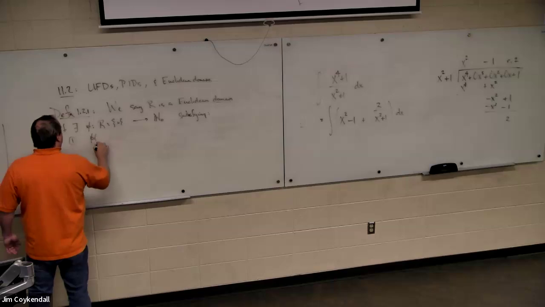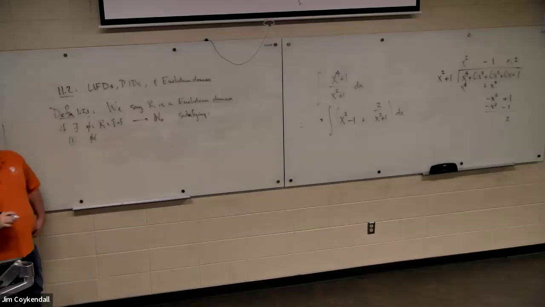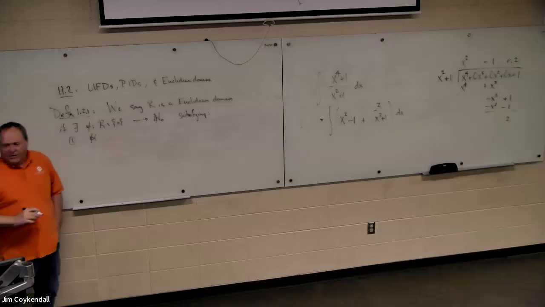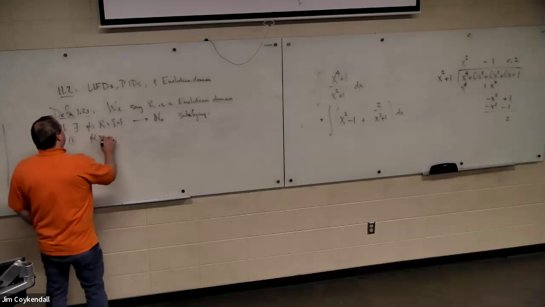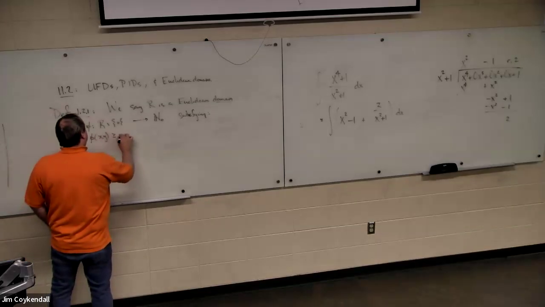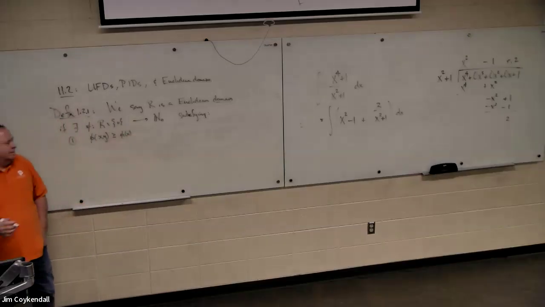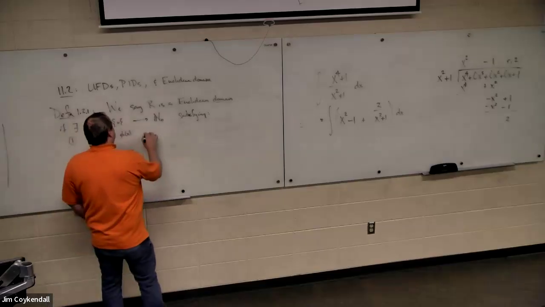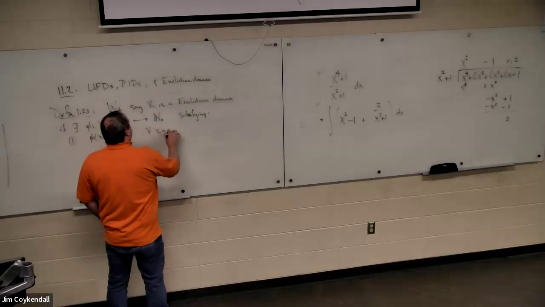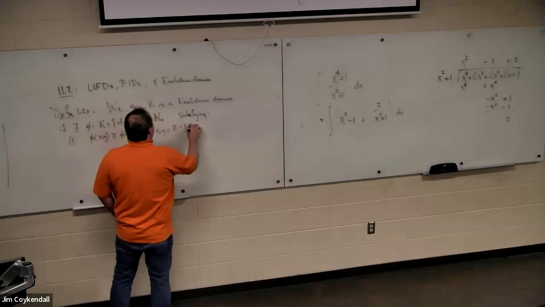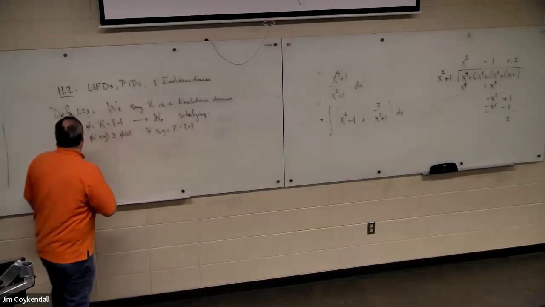I want phi of xy to be greater than or equal to phi of x. And of course, this applies to all x, y in my domain. So x and y are just elements of the ring that aren't zero.